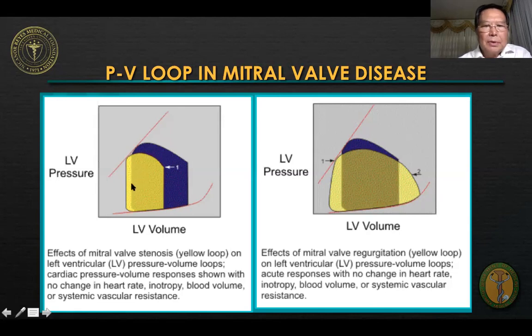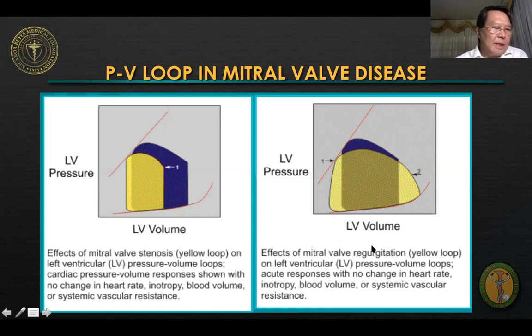And if you try to reference it with the normal, from here to there would be your normal stroke volume. In patients with mitral stenosis, the stroke volume would be significantly lower, right? Now over here is the pressure volume loop in patients again with valvular heart disease, your mitral valve regurgitation.